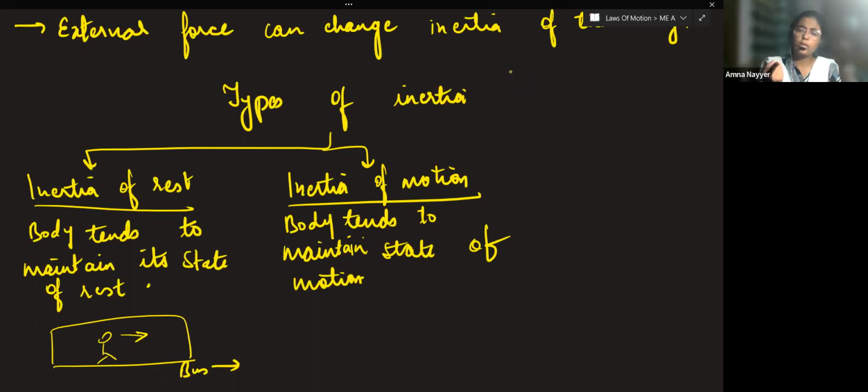First the state of motion is overcome, then you go into the state of rest. So this is simply inertia of motion. You can find various examples on inertia, and you can refer to books as well. In your NCERT, certain examples are also mentioned in the starting paragraph. Last is inertia of direction.